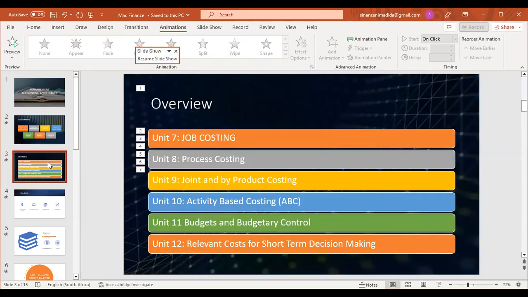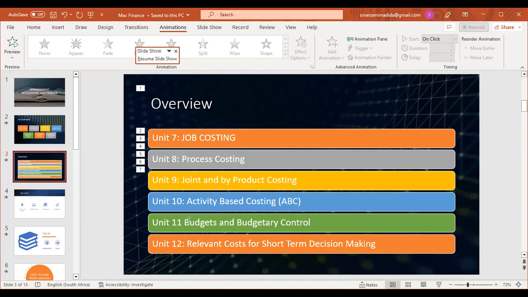This slide is loaded. We have unit 7, job costing, different ways of job costing. We have got 2 ways of process costing in unit 8. For unit 9, we have got joint and byproduct costing. These are 2 different methods that you must know. We have got ABC costing, another way of costing our product.